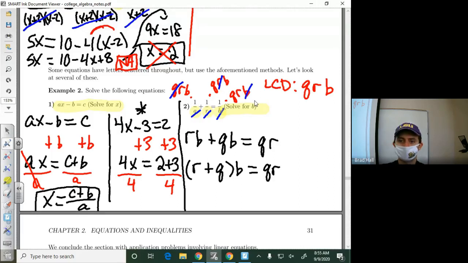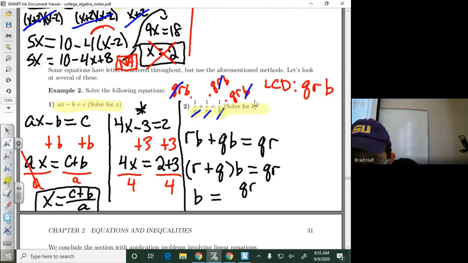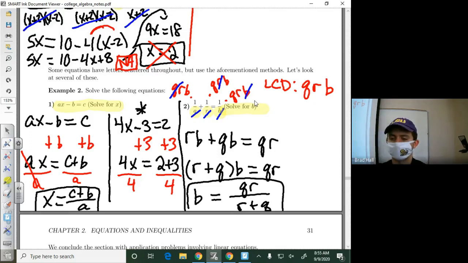B is multiplying this R plus Q, so naturally we can divide by it. I get exactly that B is QR divided by R plus Q. So this is a tricky problem. I've been asked many questions about this in the past from students.